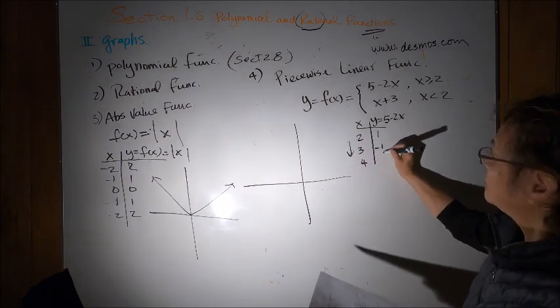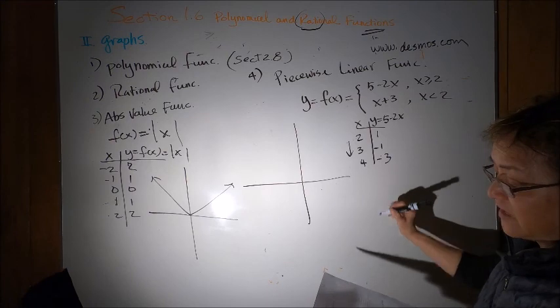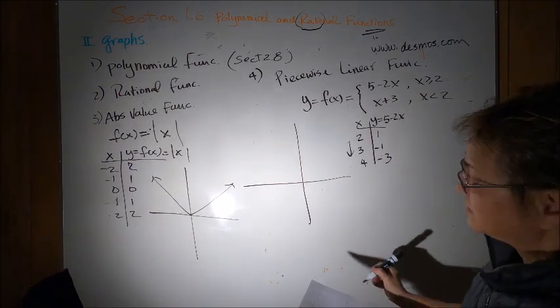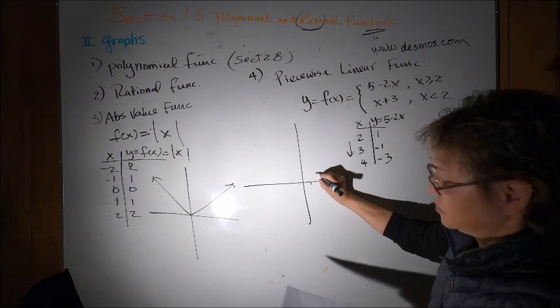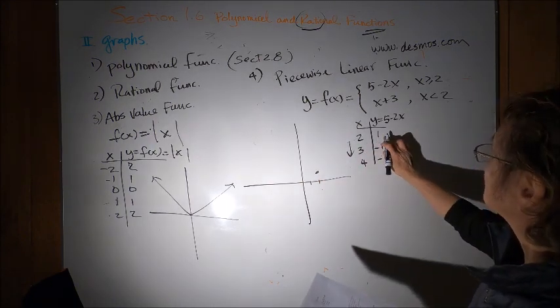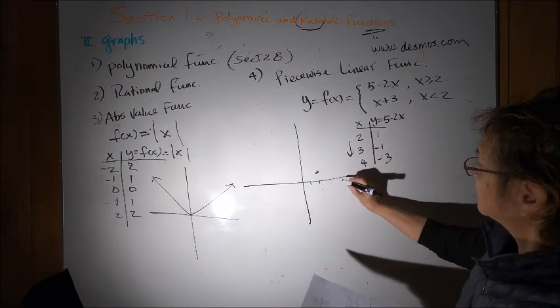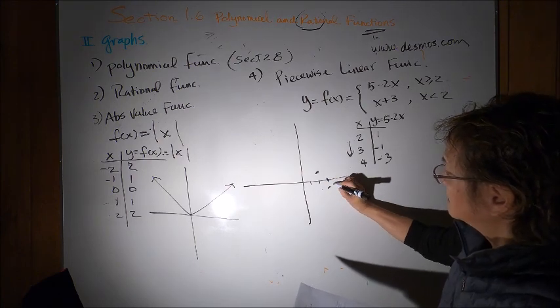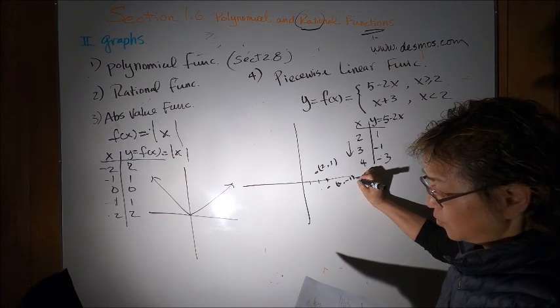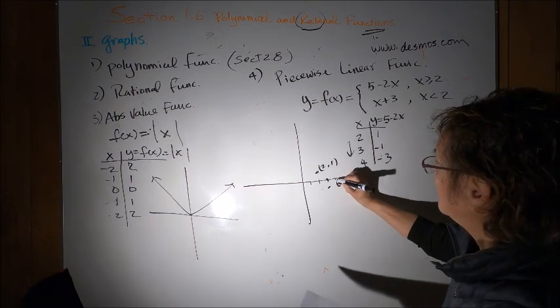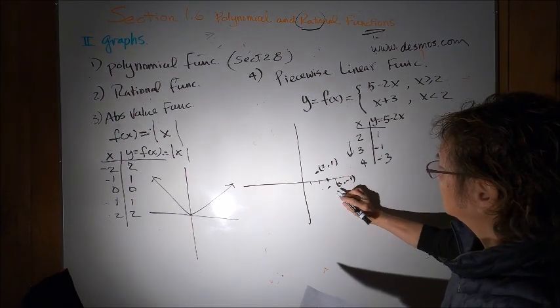When we plug in, we have these values: 2 gives 1, 3 gives negative 1, and 4 gives negative 3.